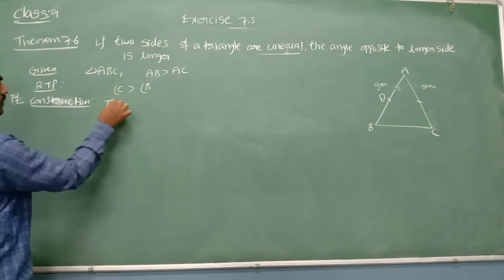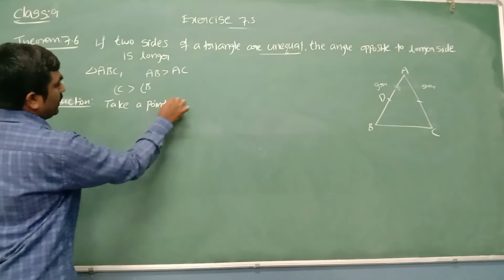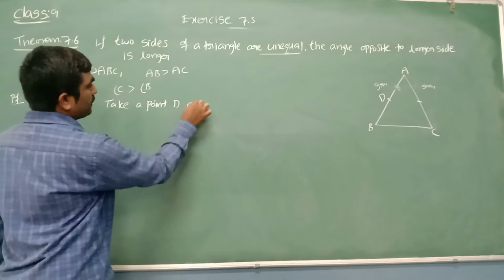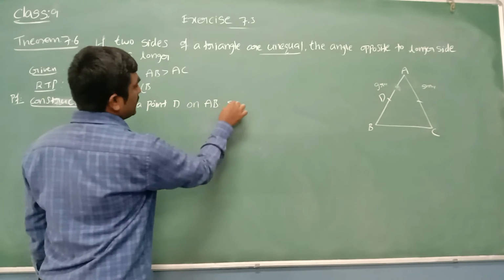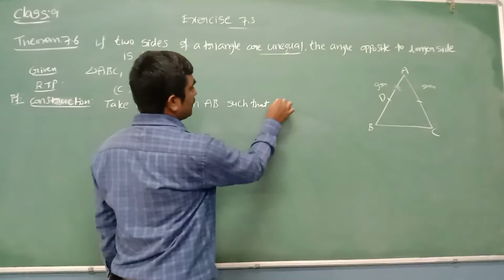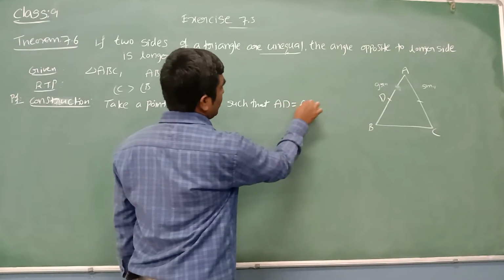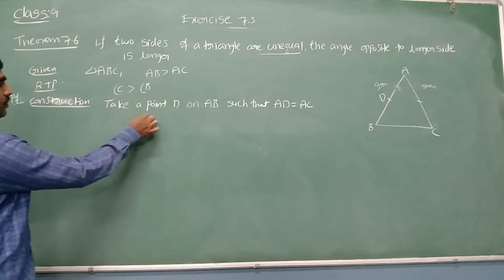Take a point D on the AB side such that AD is equal to AC. Now what will we do?